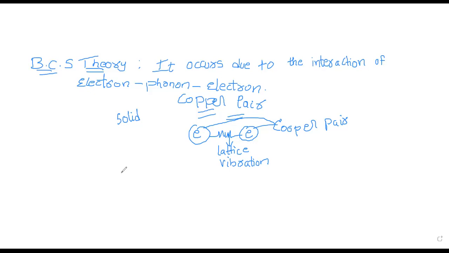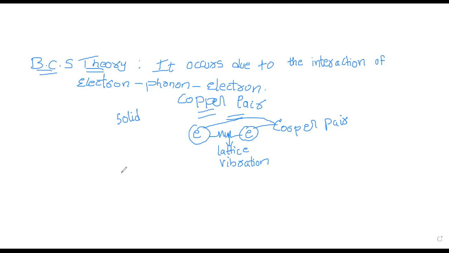Now this is what is happening inside the solid. Let us consider a metallic crystal, in which you will definitely find electron interaction. When I talk about metal, it is a conductor, so there will be an interaction with the electron.